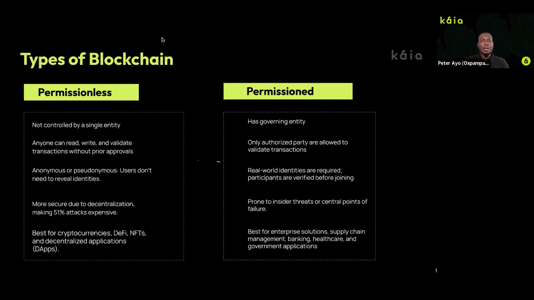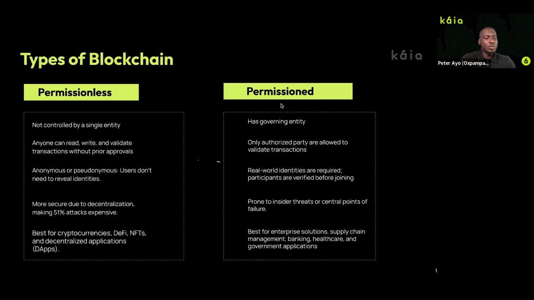It is best for enterprise solutions, supply chain management, banking, and healthcare, because of course it can only be used or accessed by authorized parties or intended parties. So this sort of fits into enterprise solutions, supply chain, and also banking and healthcare.